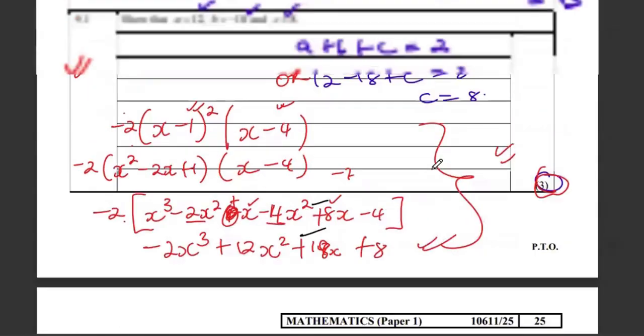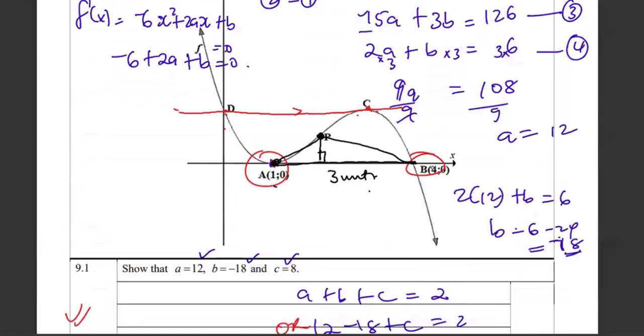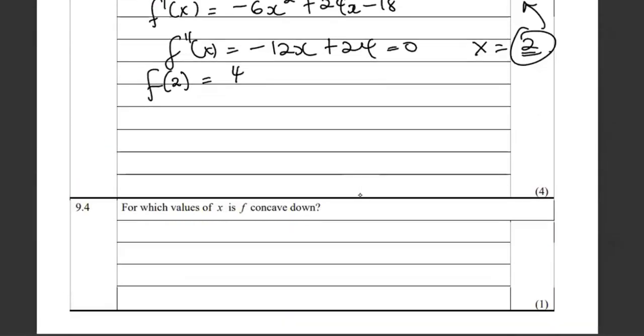And if it is at (2, 4), the height here becomes 4. Okay, that height is 4. So the base is 3, the height is 4, meaning that the area of that triangle will be a half times 3 times 4, which is 6 units squared.